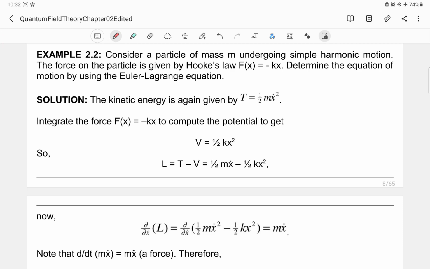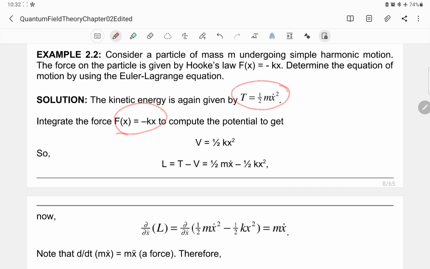So again, here your kinetic energy is given by T equals 1/2 m x dot squared, and you get the potential by using this force.